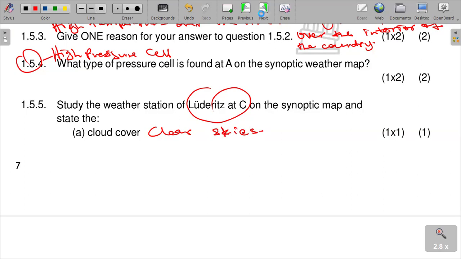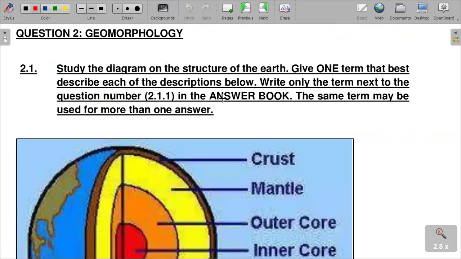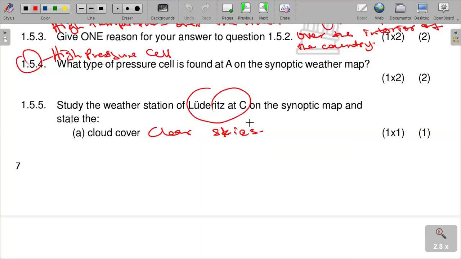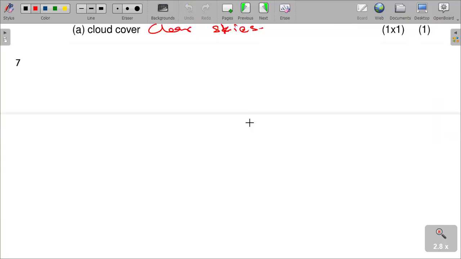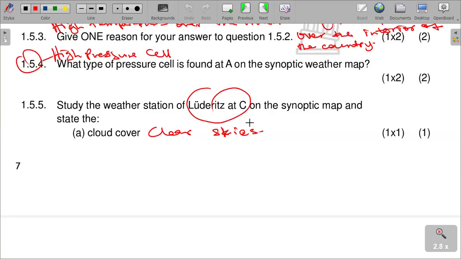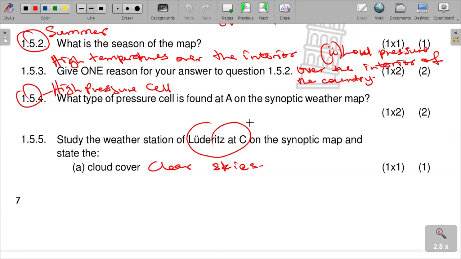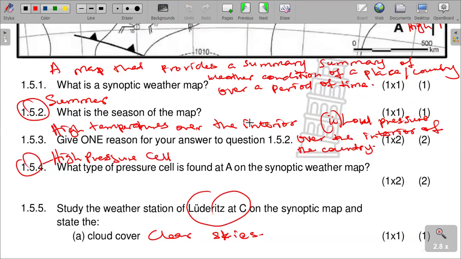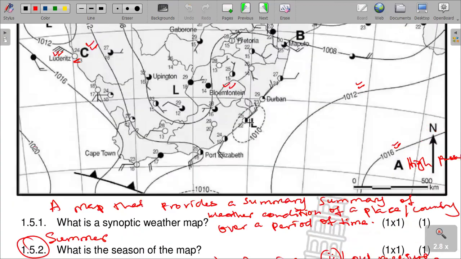Let me check the next question. What is it saying? Also, it is clear skies there. Maybe other questions on the same place might also ask you to give the wind speed.